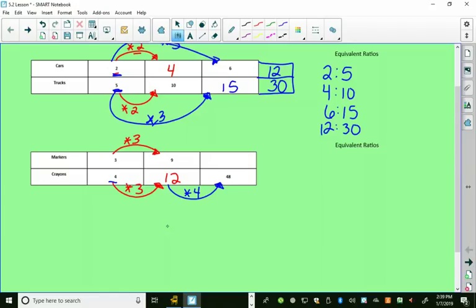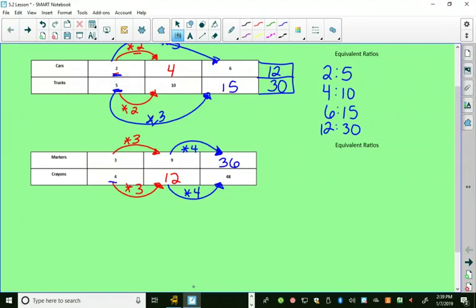So I can just draw my arrow from 12 to 48. And then I'll just go from 9 to the unknown. And I'm going to do the same relationship, so times 4. And 9 times 4 is 36. So the relationship 36 48ths is the same thing as 9 12ths, which is the same thing as 3 4ths.